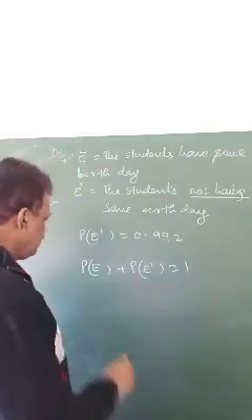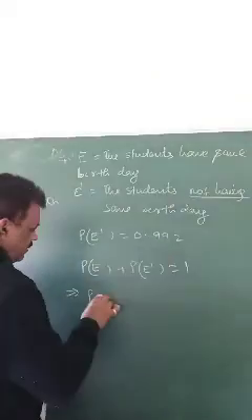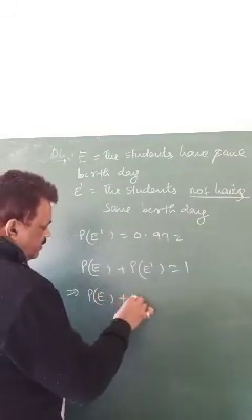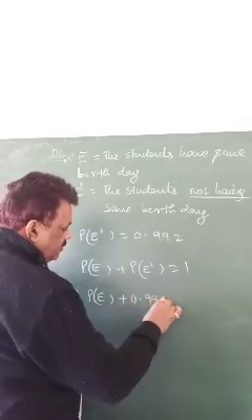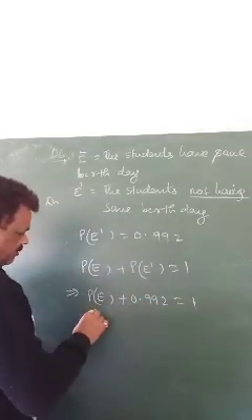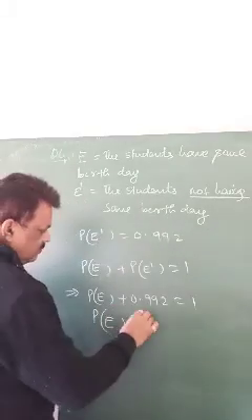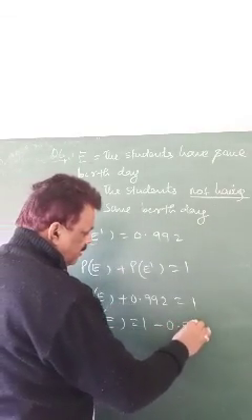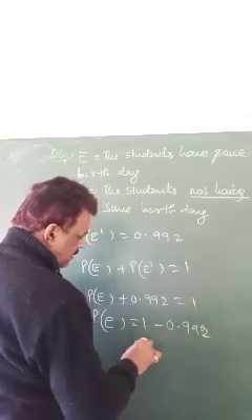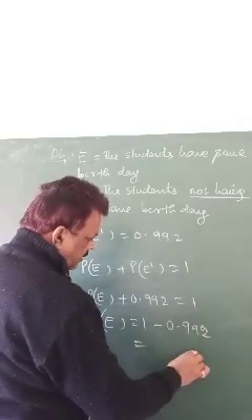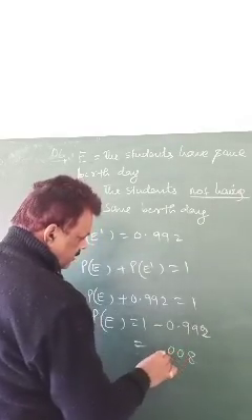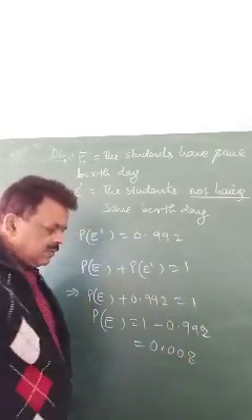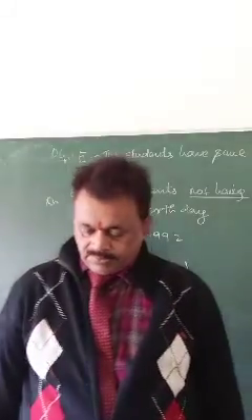Put the value here: probability of E plus 0.992 is 1. So probability of E is 1 minus 0.992. Subtract, how much do you get? 10 minus 2, 8, 0, 0, 0.008.